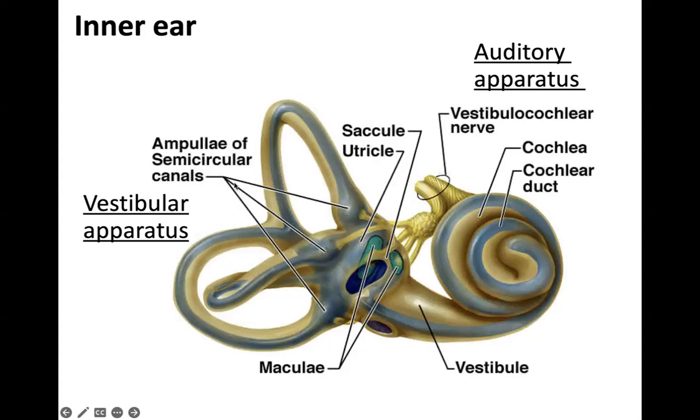Or if you have specific problems in the auditory apparatus, such as any hair cells inside the cochlea, or any problem with the nerve, then it can cause a problem with hearing.